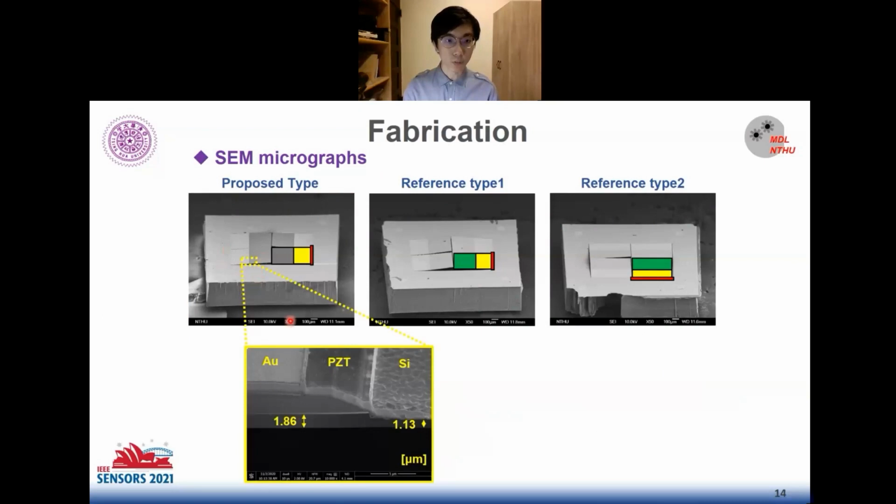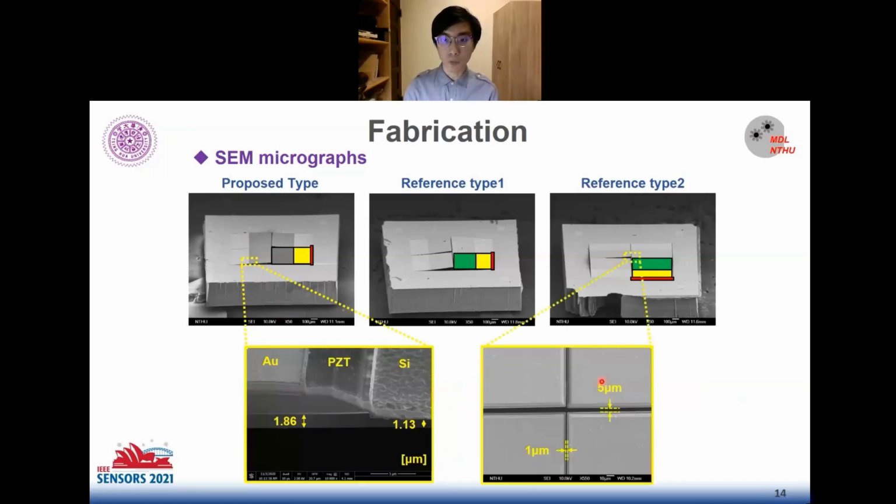And the boundary of the electrode has also been measured by focused ion beam. The center of the diaphragm has also been observed by SEM. The gap between the diaphragms is 5 micrometers and 1 micrometer.